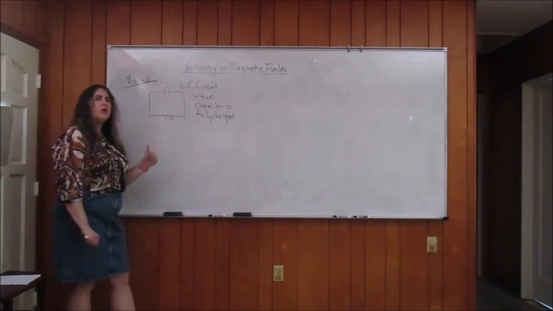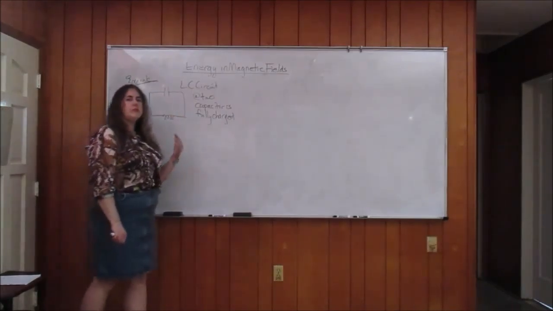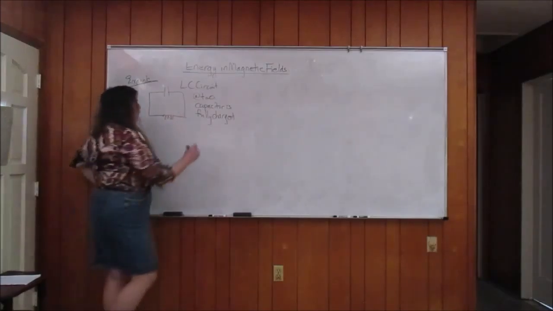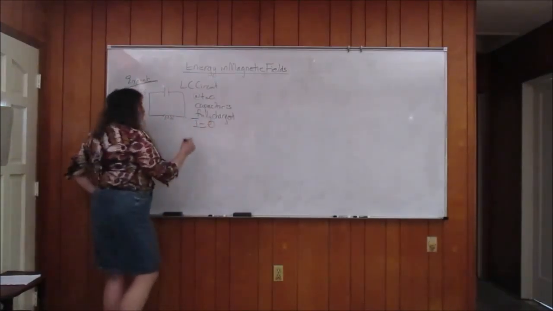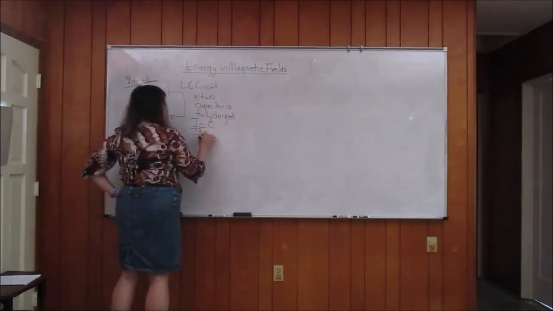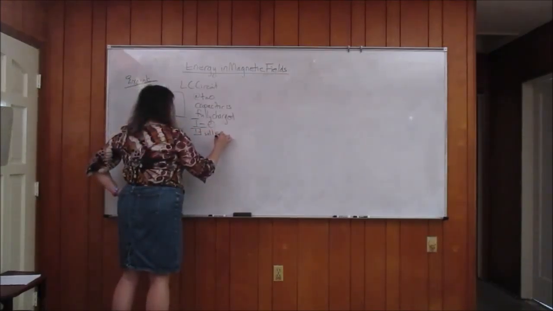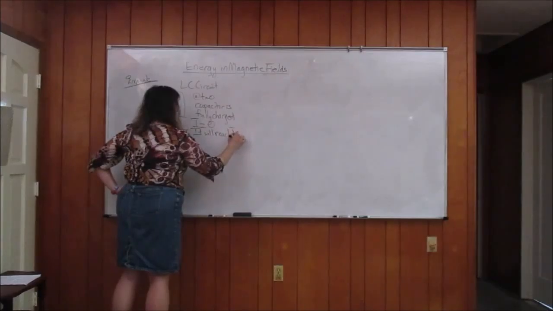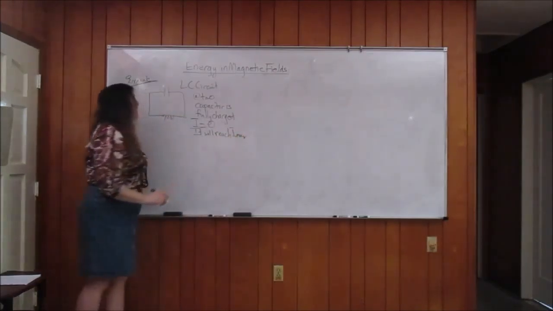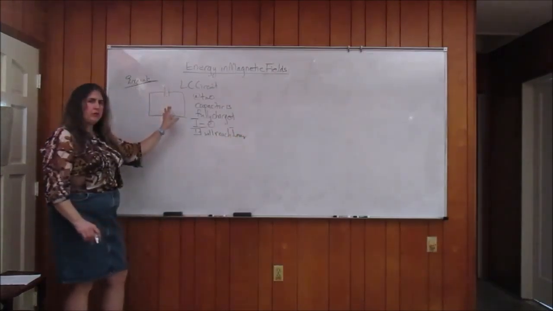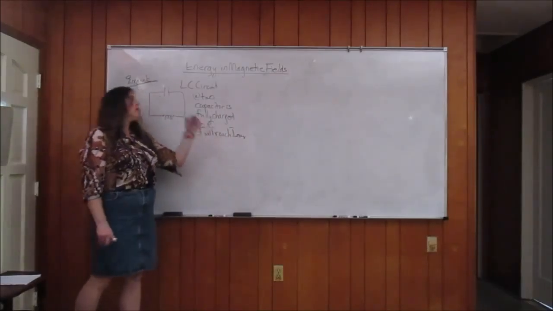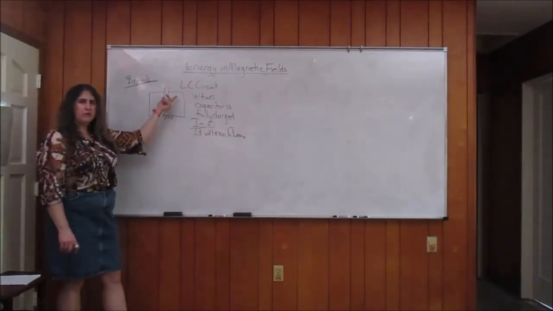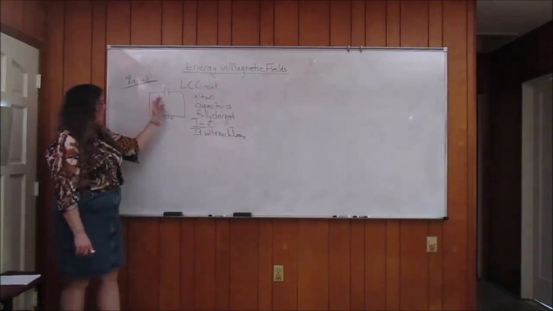But that current flow can't change instantaneously. So basically at time 0, current that flows is going to be equal to 0, but it will reach some maximum value. So there's an electric field in the capacitor, and if there's an electric field there, there's energy stored in this field. Okay?